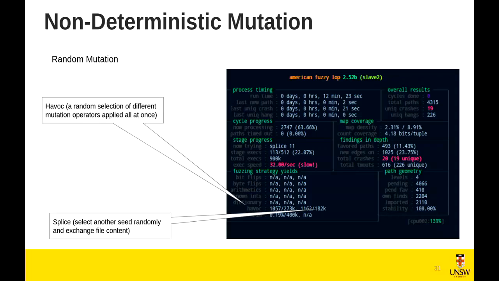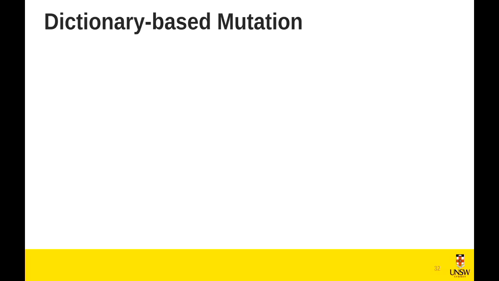So these are the two types of non-deterministic mutation operators. Because they have randomness, we don't know how many test inputs we can get for a particular seed, and we don't know what are the test inputs we can get from a particular seed input. So they are non-deterministic.